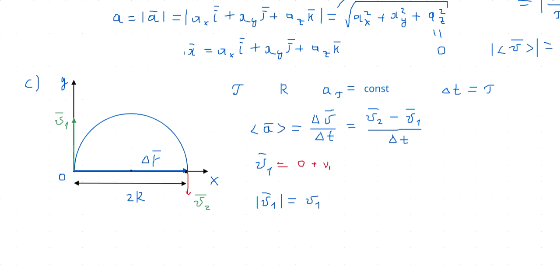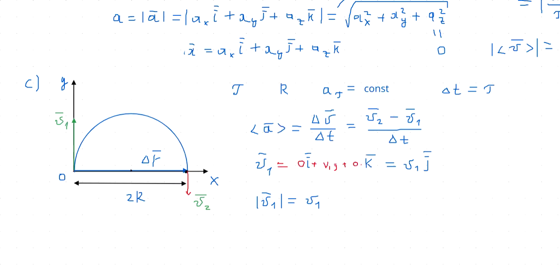But I must add the unit vector j. Here we have v1 multiplied by j.